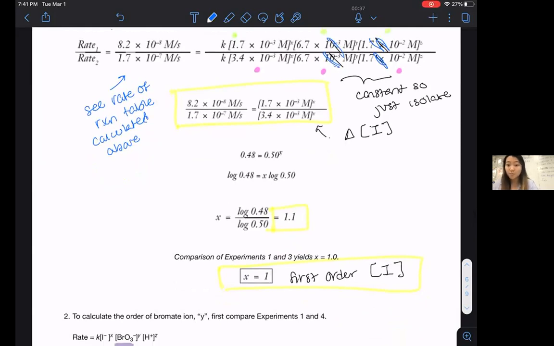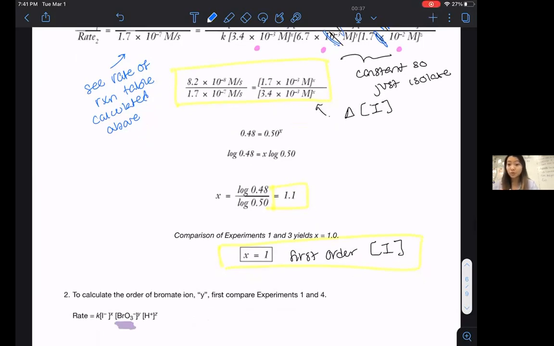You have to show your math for each one of these reaction orders with respect to each concentration of each of the 3 reactants. Thankfully, it's only one set of calculations, one set for reactant iodide, one set for reactant bromate, and then one set for reactant H plus ion. But then you're done. You don't have to do a whole table again.